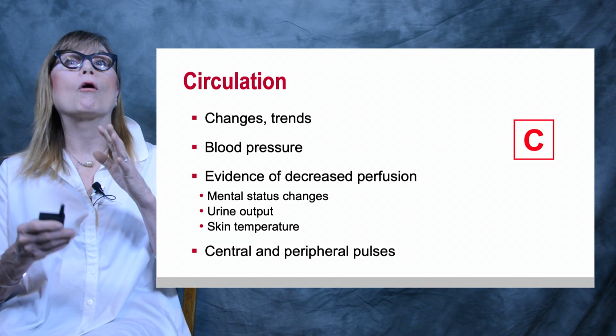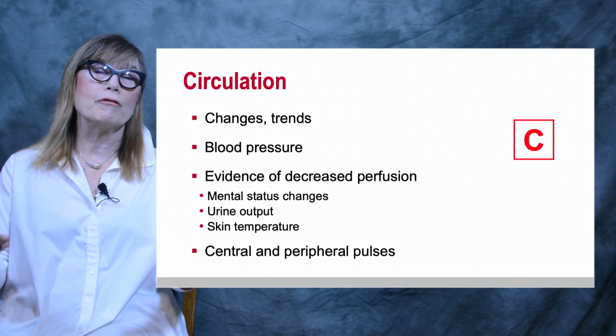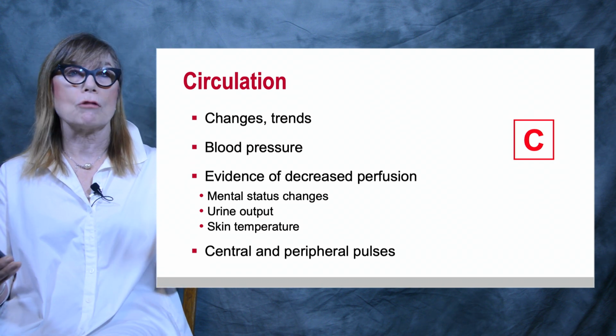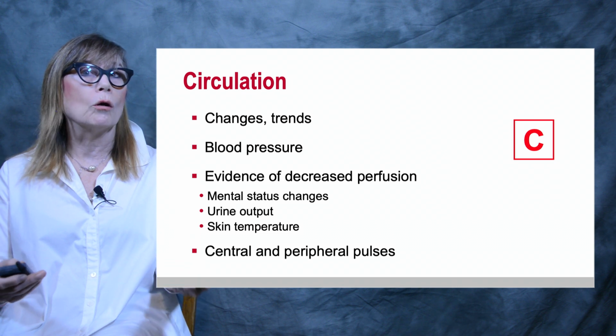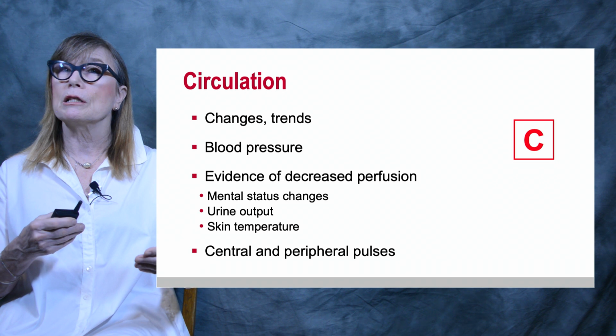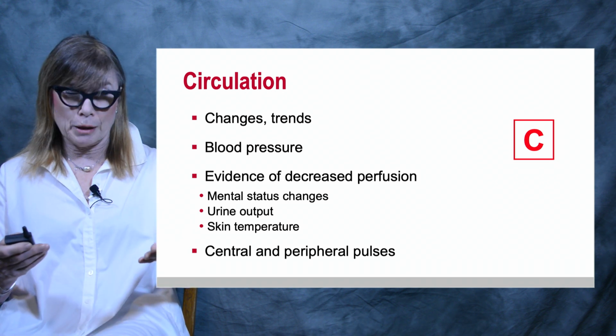Also, remember, for most hypoperfusion states, your skin temperature, particularly at the distal extremities, will become cool. So cool hands and cool feet often mean I have decreased perfusion. Not always, but generally.